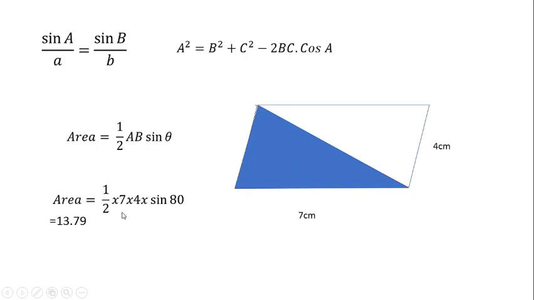So in this case, the area is a half times 7 times 4 times sine 80. The angle there was 80 degrees, and this length is obviously 4. There's 2 of them, so the total area of the parallelogram is twice this, which is 27.59. These are all rounded to 2 decimal places; obviously they are longer than that.